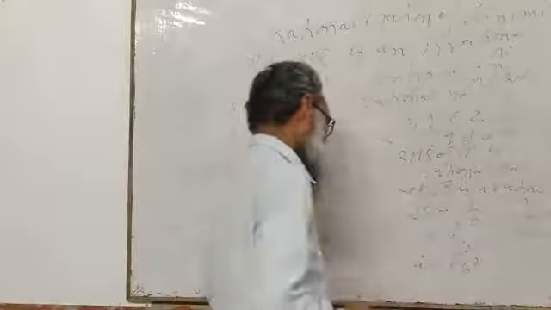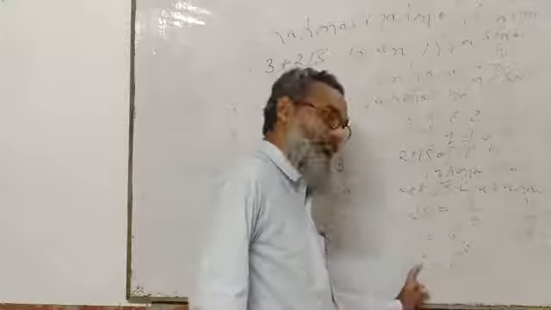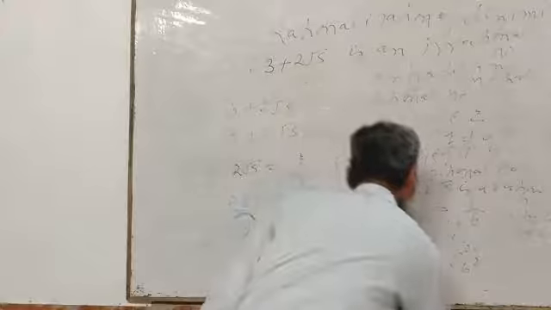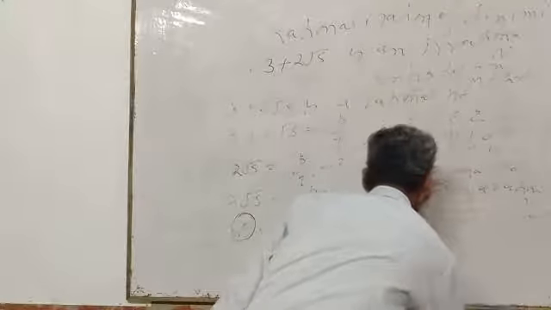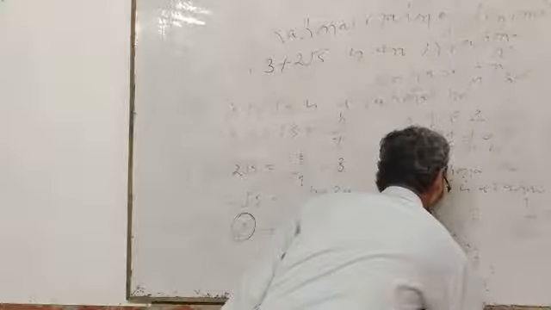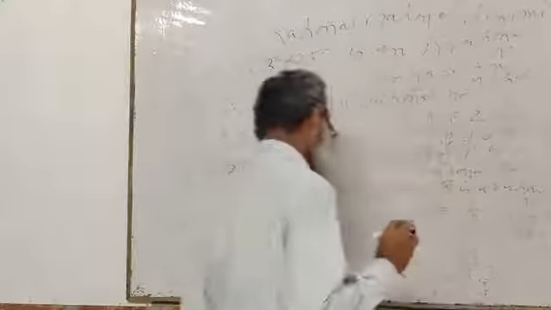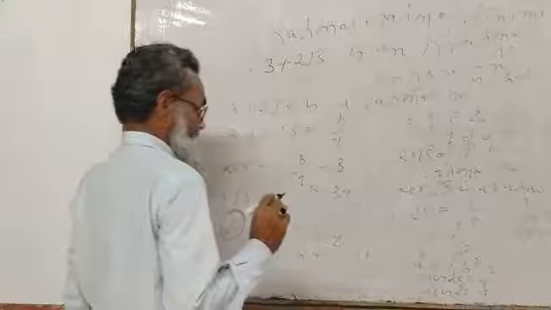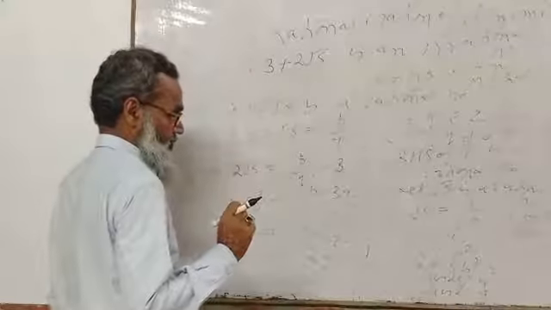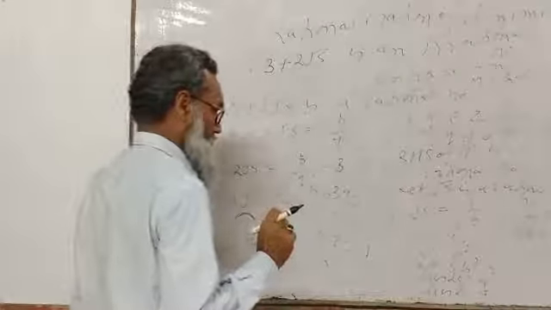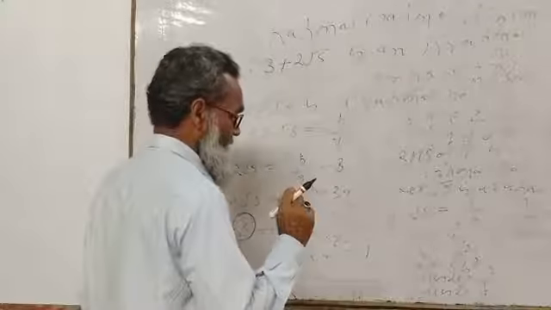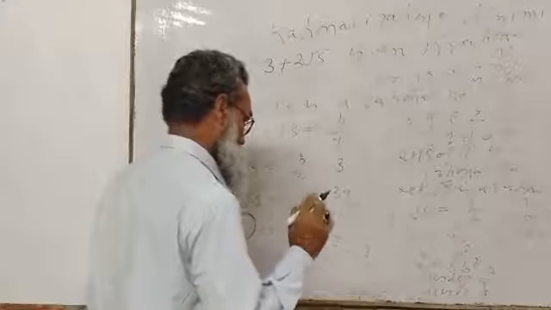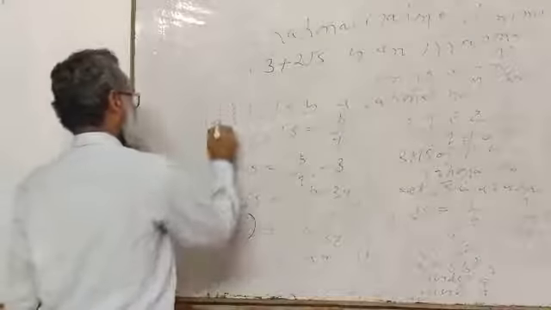What does it mean? 5 divides 5b square, so 5 divides a square, so 5 divides a also.